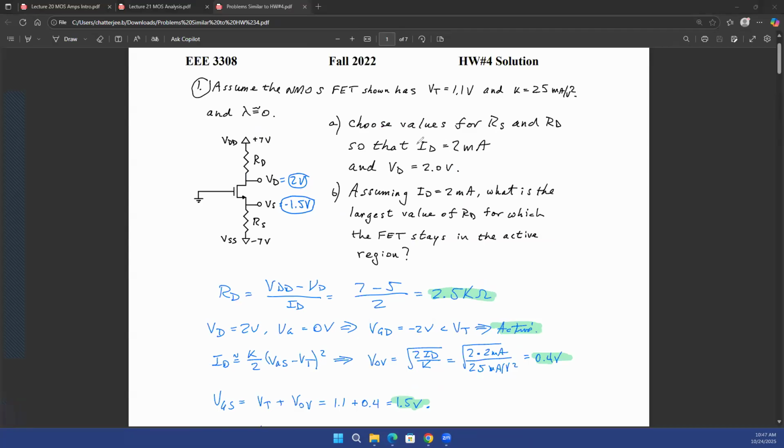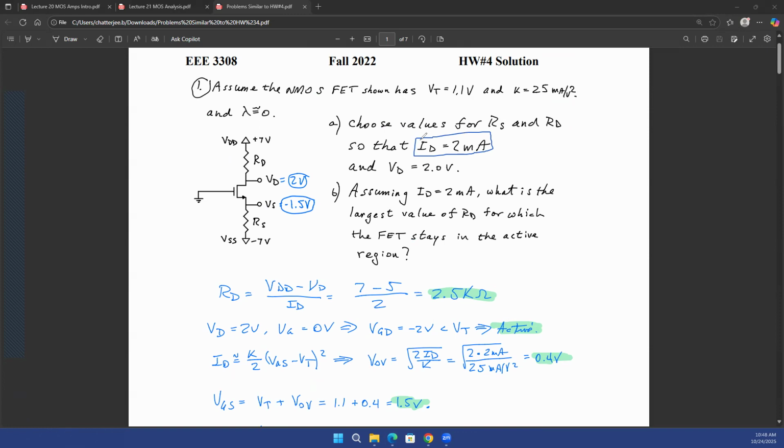For homework 4, the ID that was given was for biasing. Remember, DC analysis is only for biasing, only for you to figure out that the MOSFET is in the correct operating region, which is the saturation region. After that, everything we do is the AC analysis. So DC analysis and AC analysis are completely separate things.